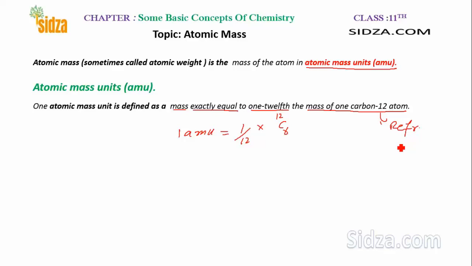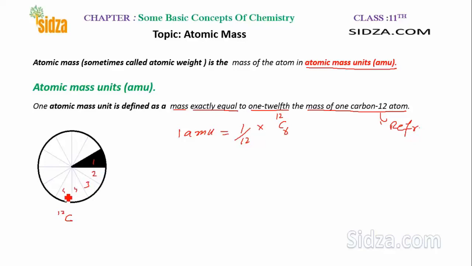Let's explain it with this diagram. Suppose this is the carbon atom, this is the carbon 12 isotope, and if I cut this carbon 12 isotope into 12 equal parts, say 1, 2, 3, 4, 5, 6, 7, 8, 9, 10, 11 and 12, the mass of one piece of this carbon atom will be equal to 1 AMU.